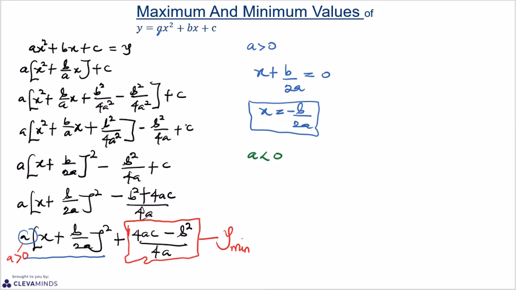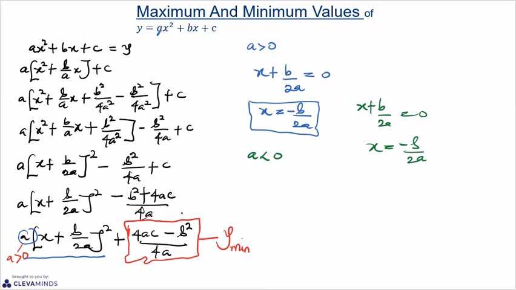Y will attain its maximum value when the expression in the square brackets, that is this expression x plus b over 2a, is also equal to 0. So we still have x equals to what? Negative b over what? 2a, which is still the same line of symmetry. But in this case, it is when a is less than 0.